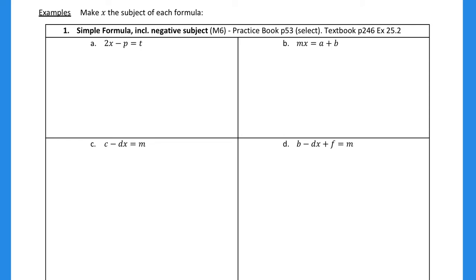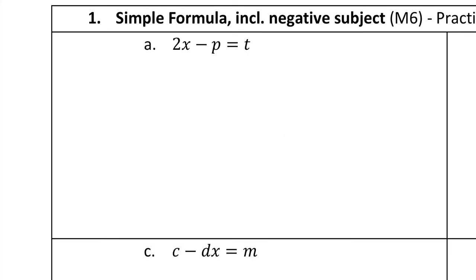It says in this one, make x the subject of each formula. This one, we have to make x the subject. So first thing, we've got two things going on. The most immediate thing happening to the x is it's being multiplied by 2. Then you're taking away p. So the last thing we did was take away p, so that's the first thing that we reverse.